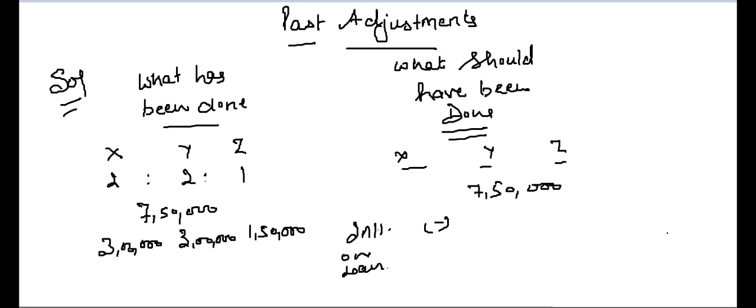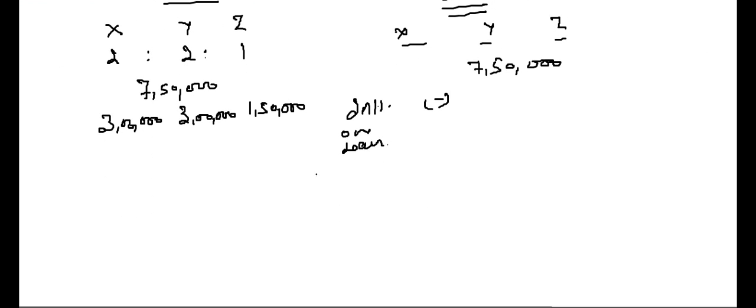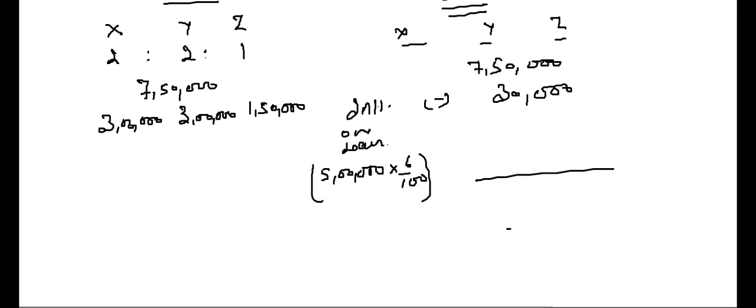The loan is 5 lakhs. 6% of 5 lakhs according to the provisions of the Indian Partnership Act 1932 comes to 30,000. So the distributable profit is 7,20,000.